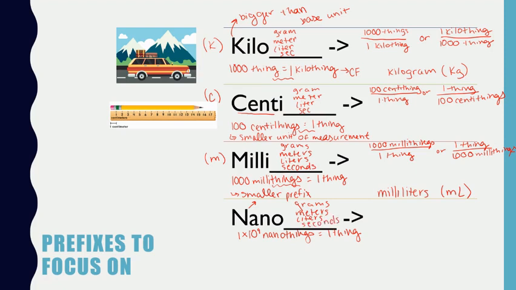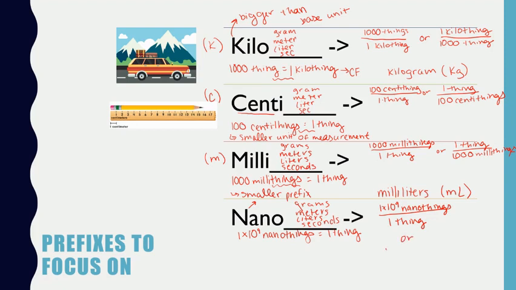Okay. And again, same thing as before, since we have an equality here, we can use this as a conversion factor. We can say 1 times 10 to the 9th nano things is the same thing as having one thing. Or 1 times 10 to the 9th nanometers is the same thing as 1 meter.